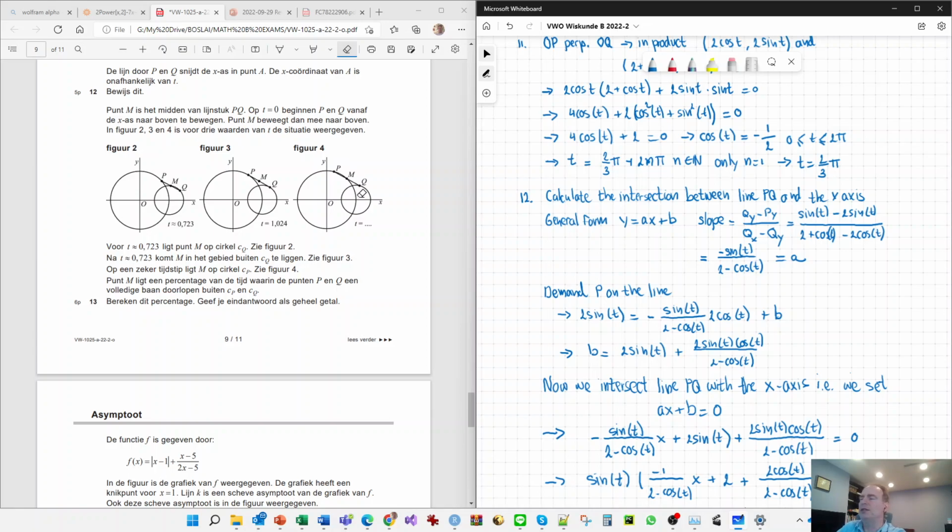Now if t is pi, then P is here and Q is here, so M is somewhere here.